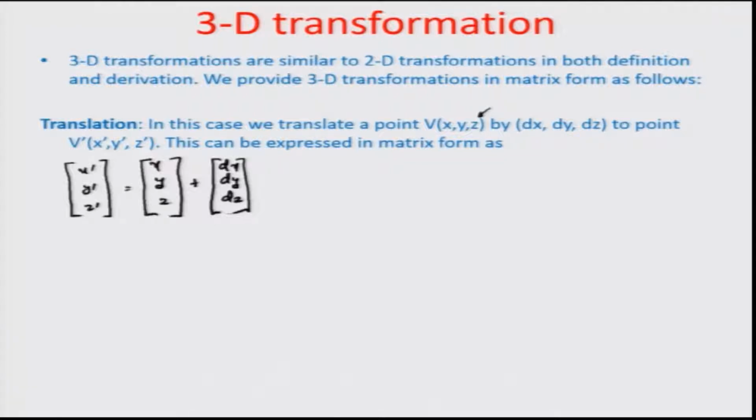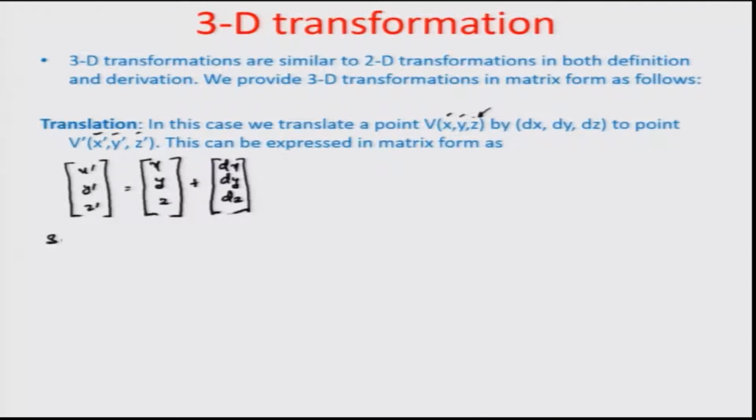So, a point V which was initially at x, y, z location, if translated by dx, dy, dz, definitely moves to another point V dash which is represented as x dash, y dash, z dash location.